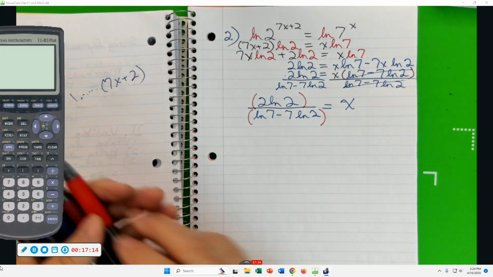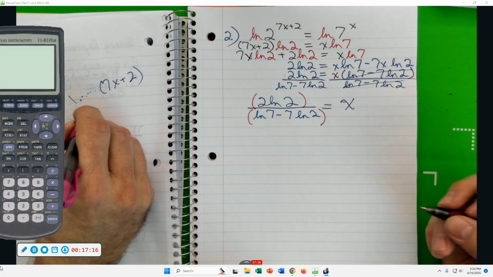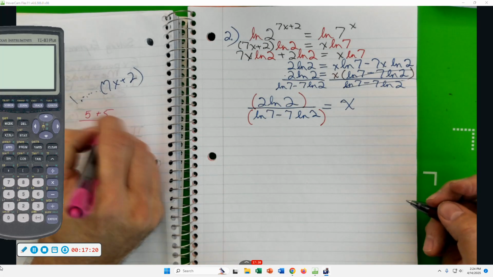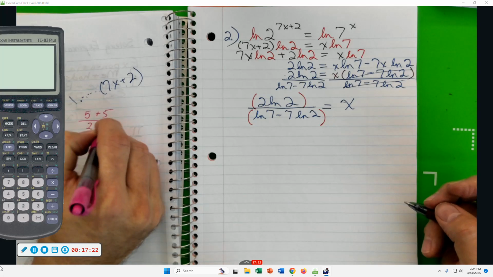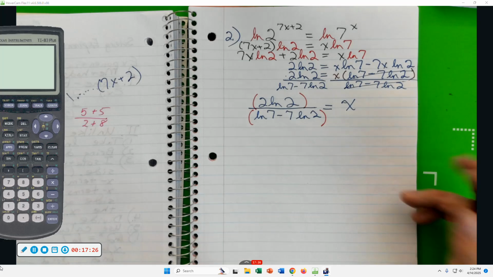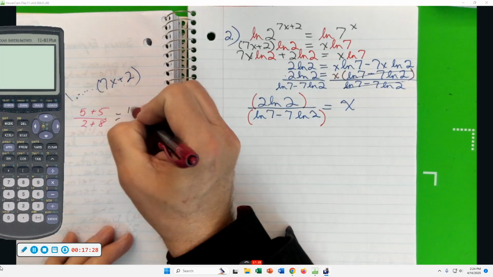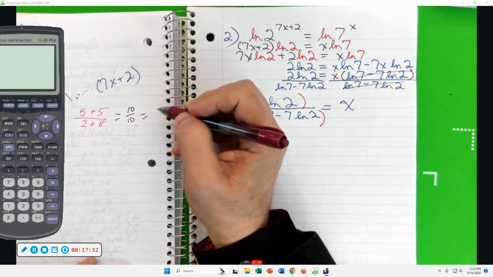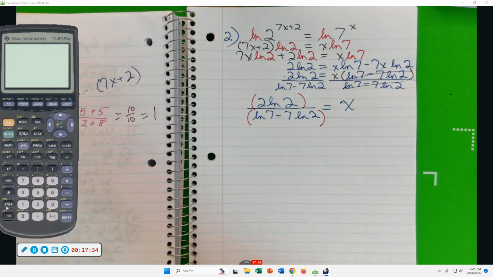But if I can interrupt for just a moment. If you had something like 5 plus 5 divided by 2 plus 8, you know what that answer would be. I think you could do it in your head. It's 10 over 10, which reduces to 1. Punch it into your calculator without parentheses: 5 plus 5 divided by 2 plus 8.